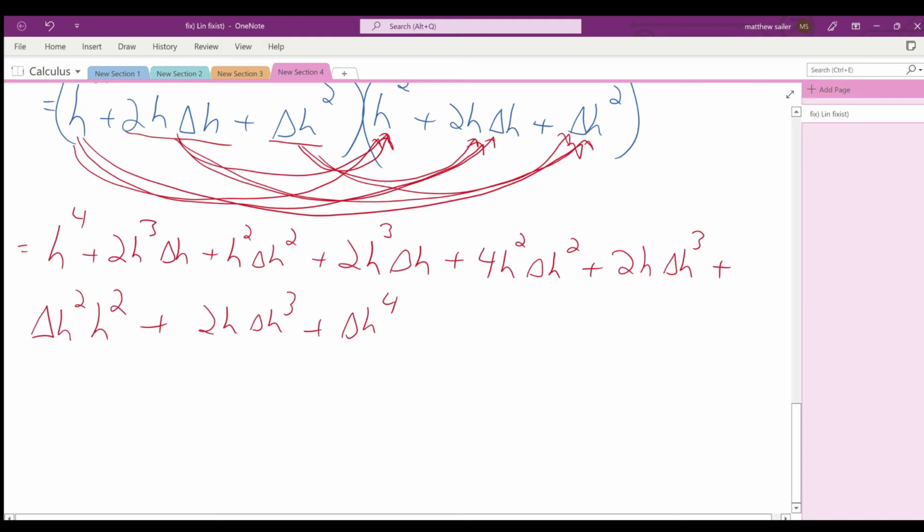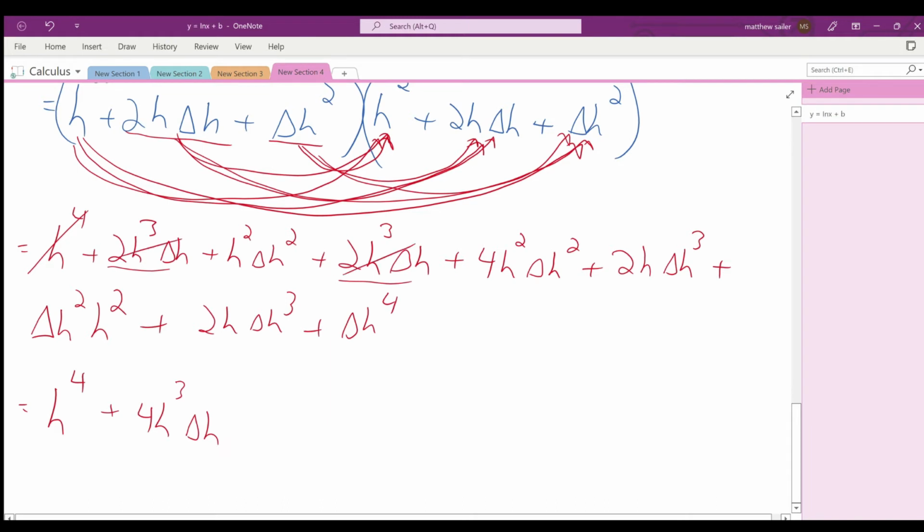So this is going to equal h to the 4th, and just cross this out because we already used it. Now we have 2h cubed delta h and 2h cubed delta h. So this is going to be plus 4h cubed delta h. So cross those out because we already used them.